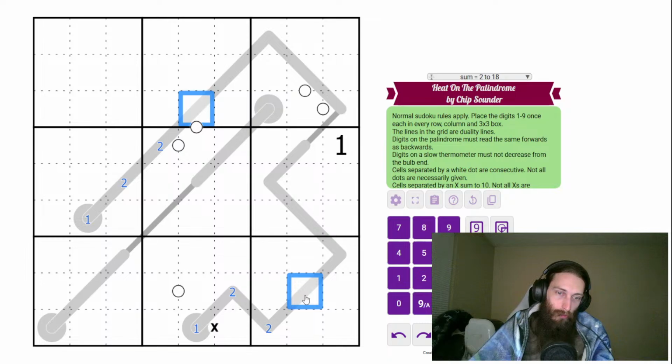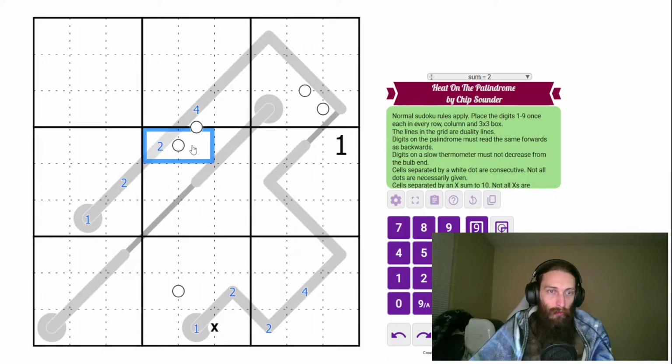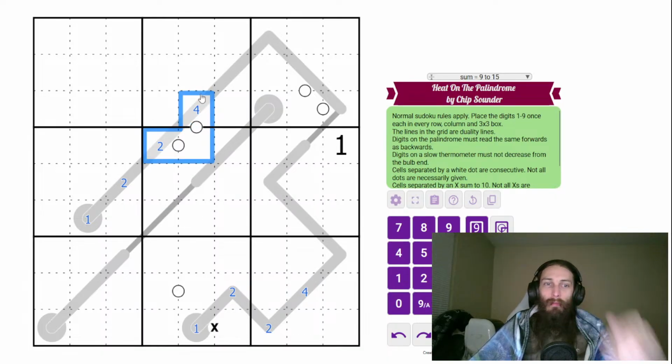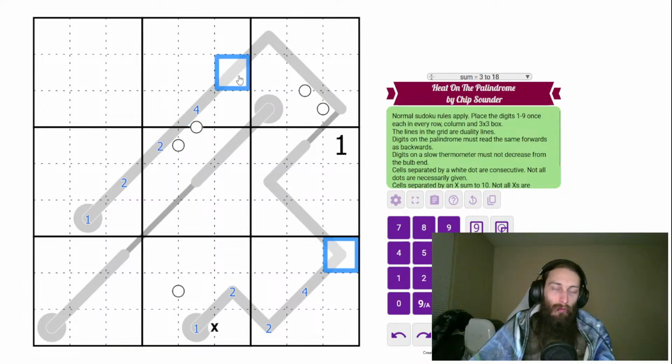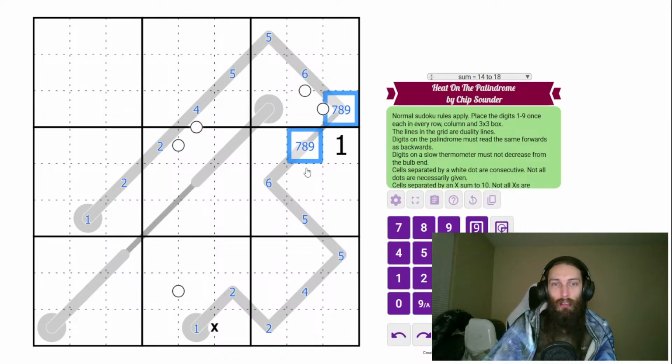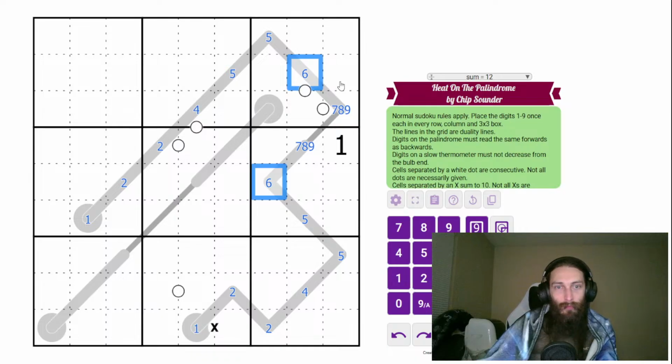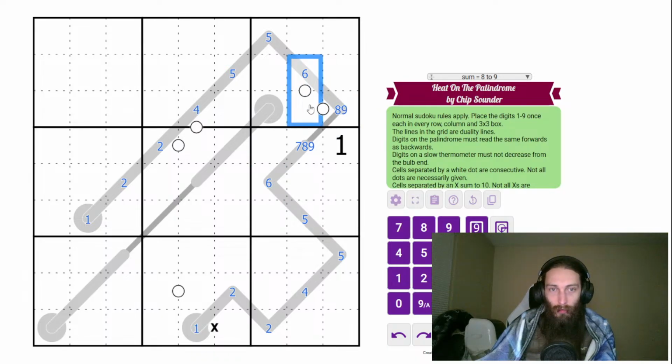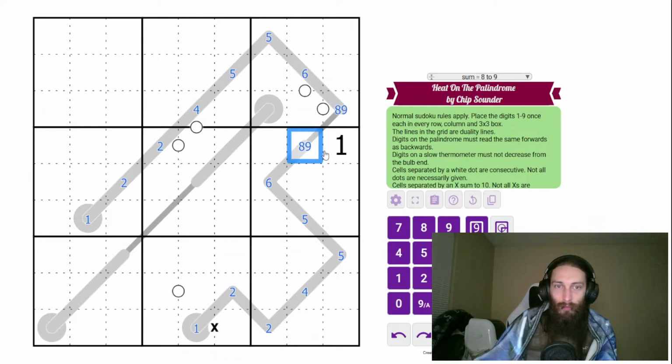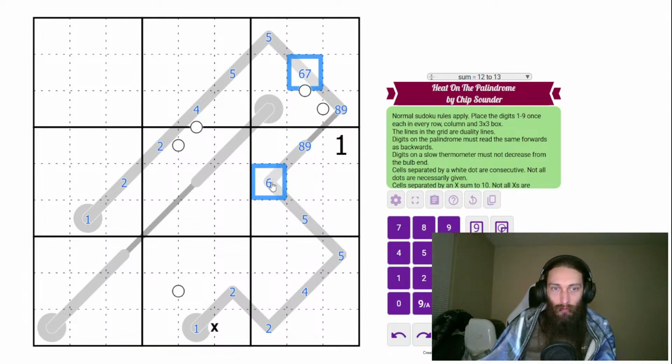That could be, well, it couldn't be another 2. So it would have to be 4. Because it's going to have to be connected through something. Oh, right, yeah. So that's going to make 5, 5, 6, 7, 8, 9. But it can't be 7. Right, because, again, this one here. So that's 6, 7.